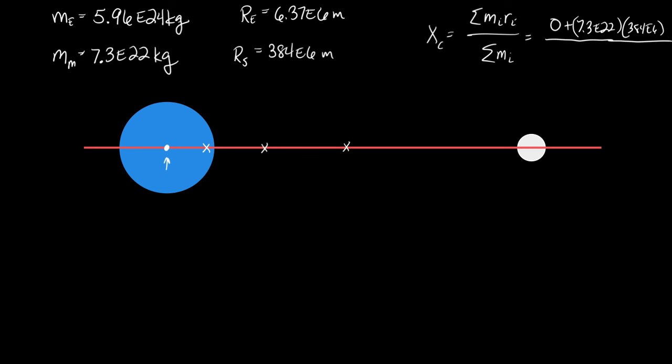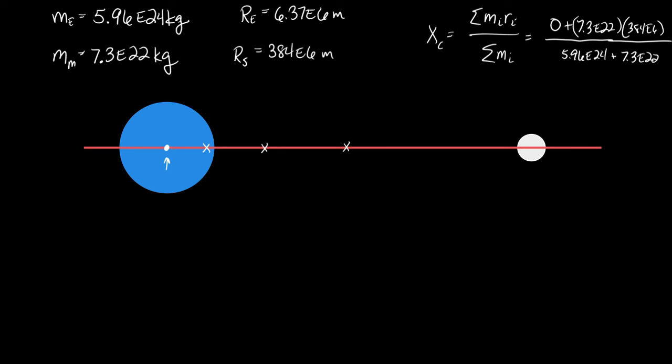Drop down to the bottom. Add up all the masses. Well, the first mass is 5.96 e to the 24th plus 7.3 e to the 22nd. There you go. But then comes the part where you use your calculator and prove that no matter how diligent you are, there's always a snafu in the plan.